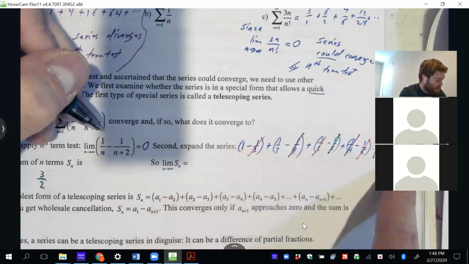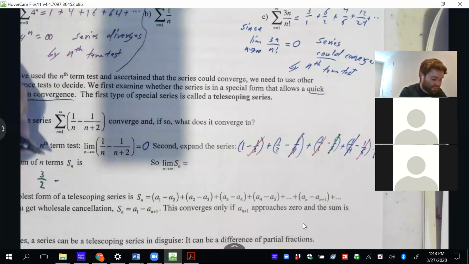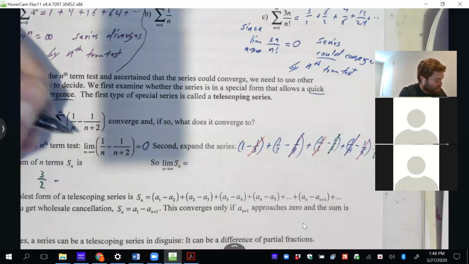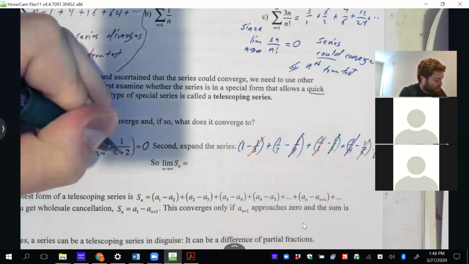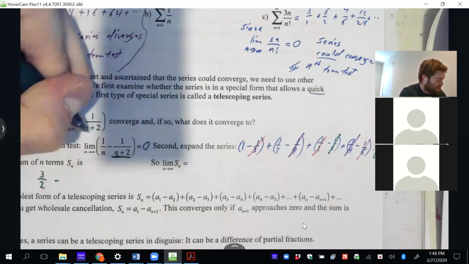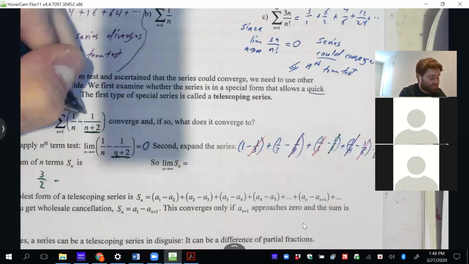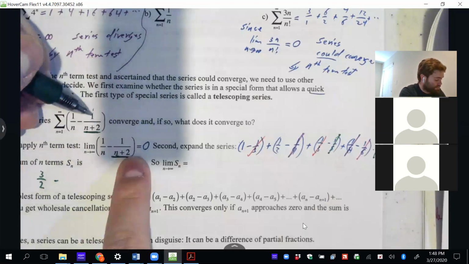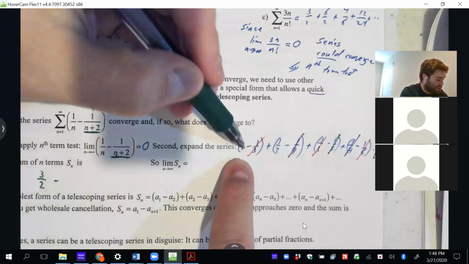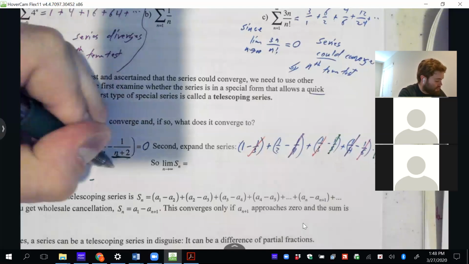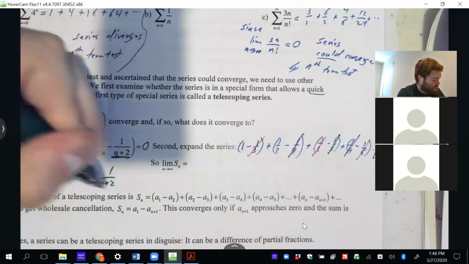So we'll have minus on the last one. The very last one would be this last term there. Very last term that still works will be that last term there, just like the very first term worked. So we will still have a minus 1 over n plus 2.